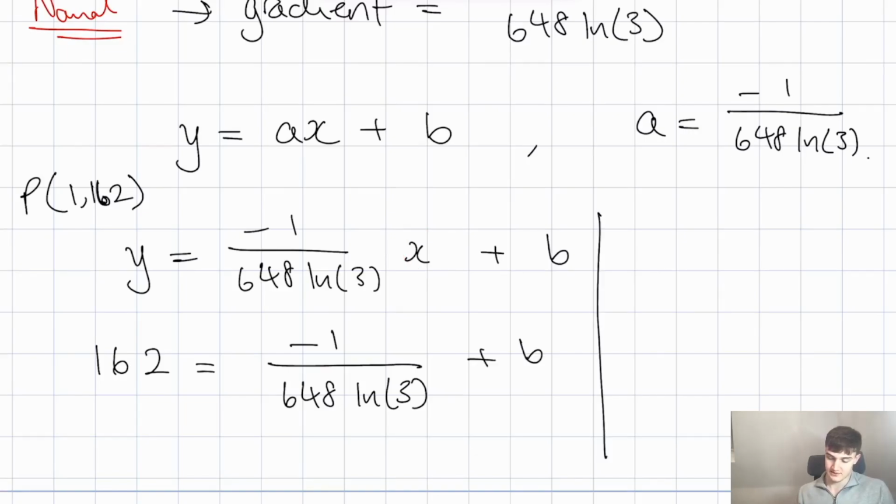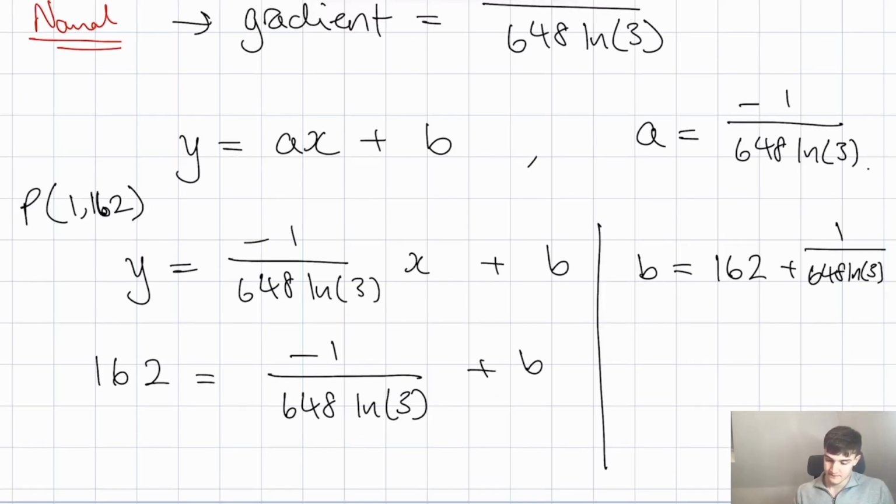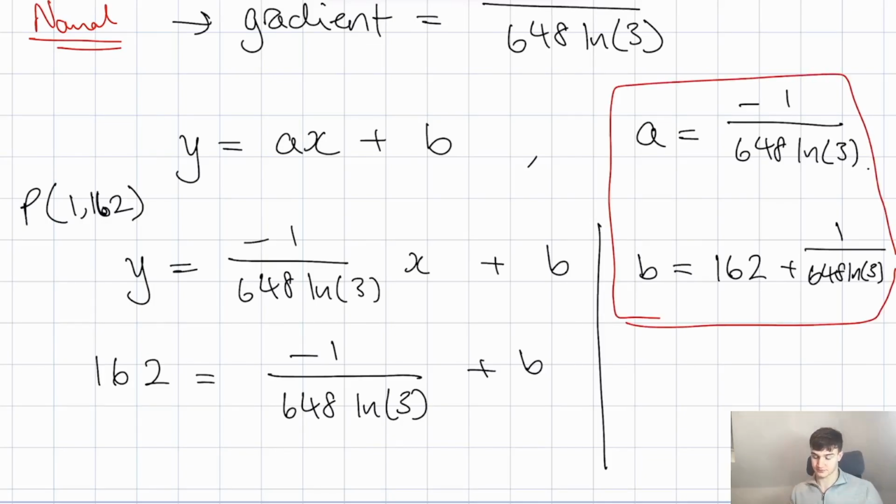If I move this to the other side, we get b is equal to 162 plus 1 over 648 ln 3. It looks pretty messy here, but hopefully that's all okay.